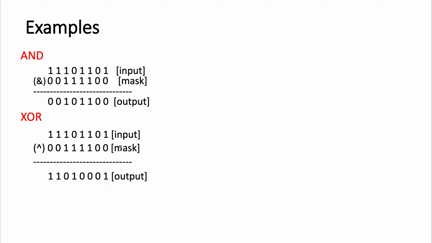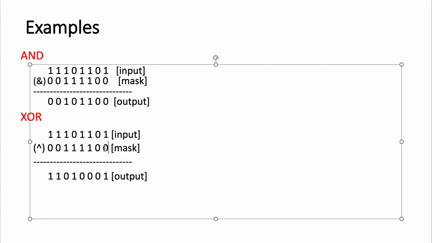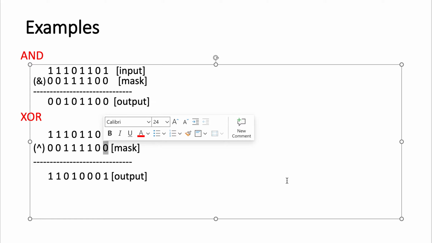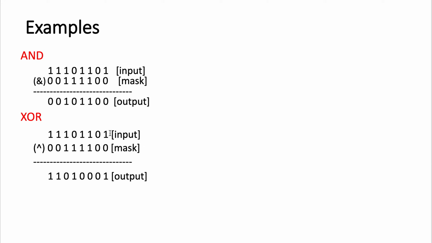So toggling means this is input 1, right? 0 means don't toggle, so we are not toggling, same as the input. 0 is same as 0, and where there's a 1, we are toggling it, so 1 becomes 0, and similarly the correspondence becomes the answer, right?